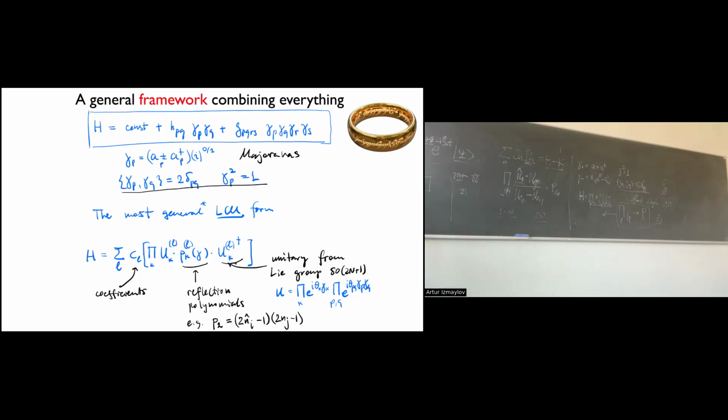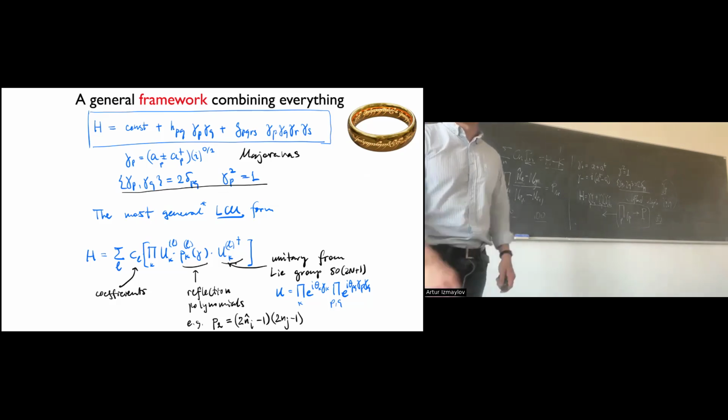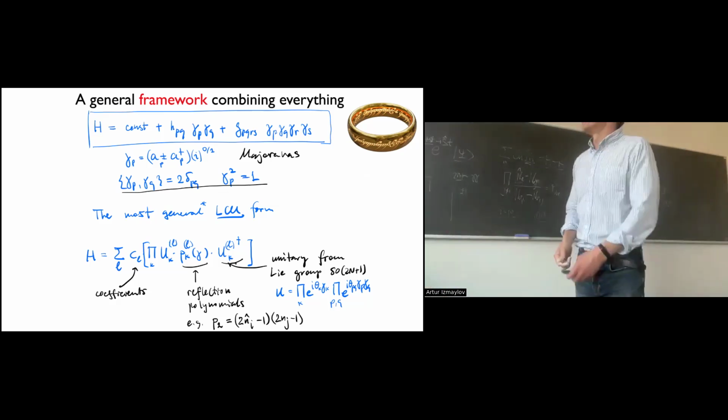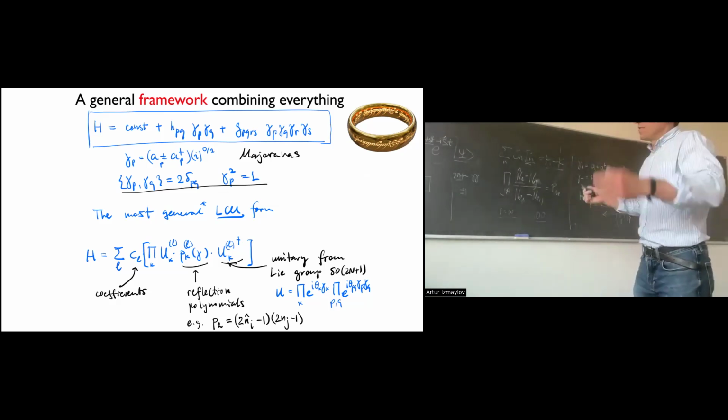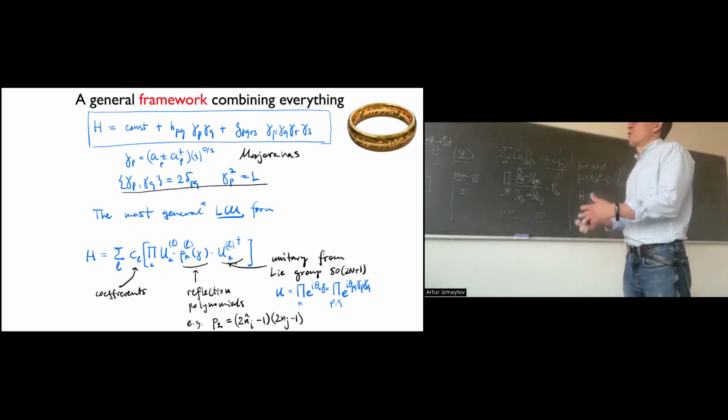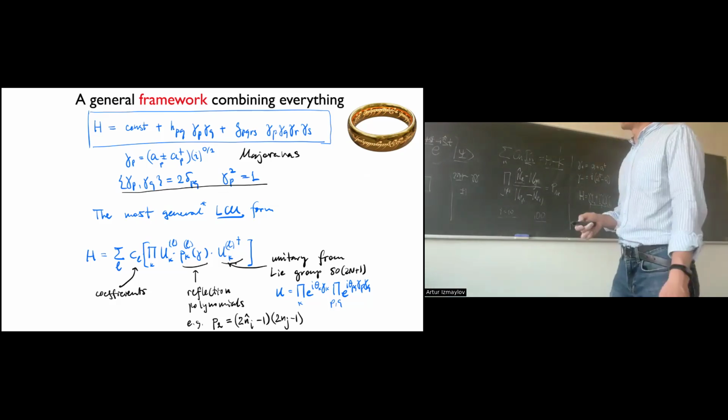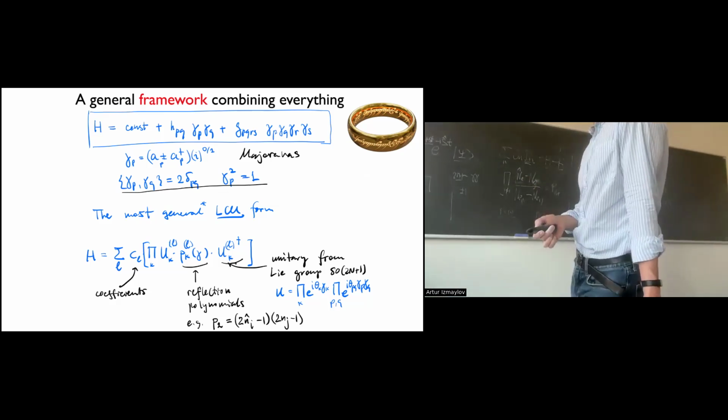And this is essentially the form in which one can optimize the coefficients, optimize the orbital rotations or Majorana rotations, and see what is the best decomposition where the coefficients will have the lowest one norm, right? So this is like the general framework of all these decompositions that I was talking about.